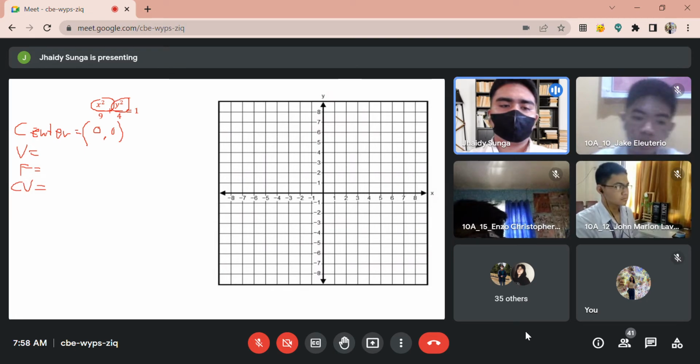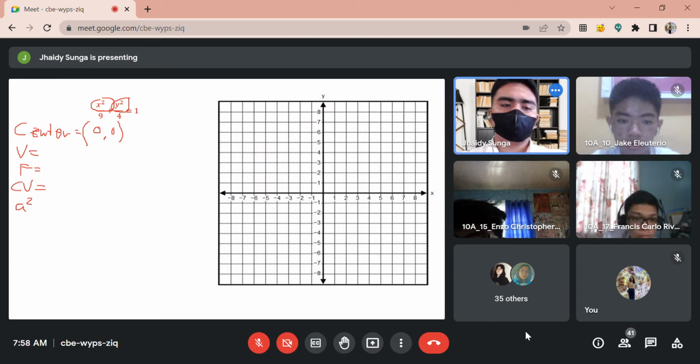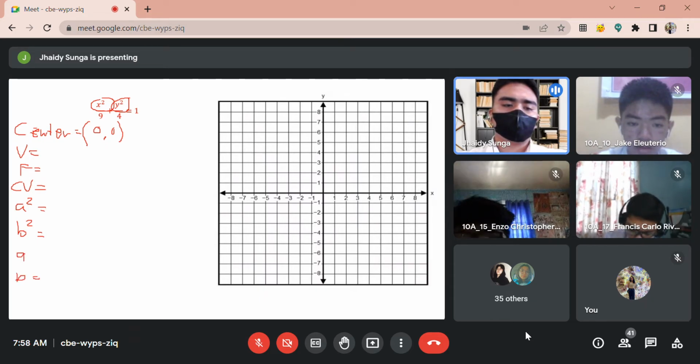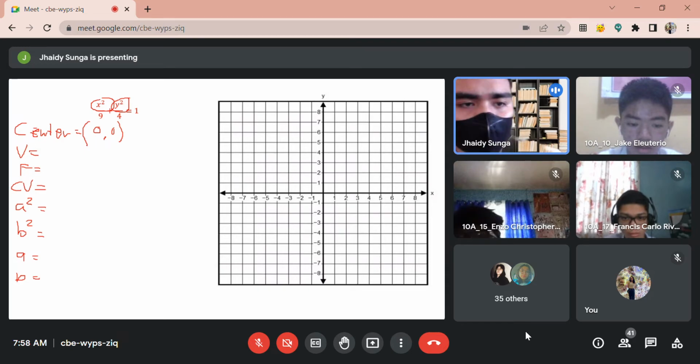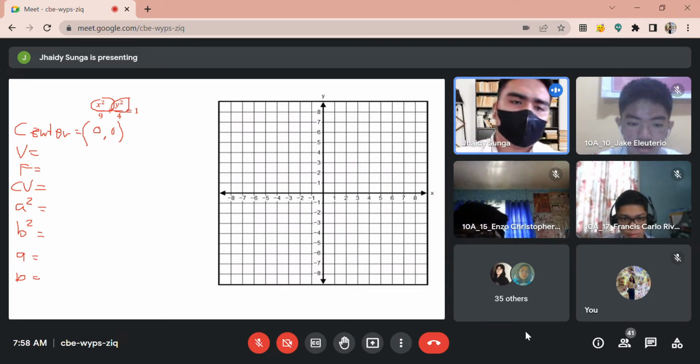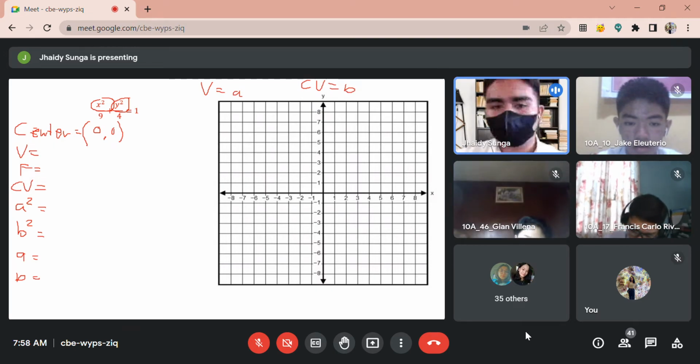And let's find the values of A squared, B squared, and the values of A, then B. Vertices are A, and it is the larger one. And co-vertices is our B, and that is the smaller one.